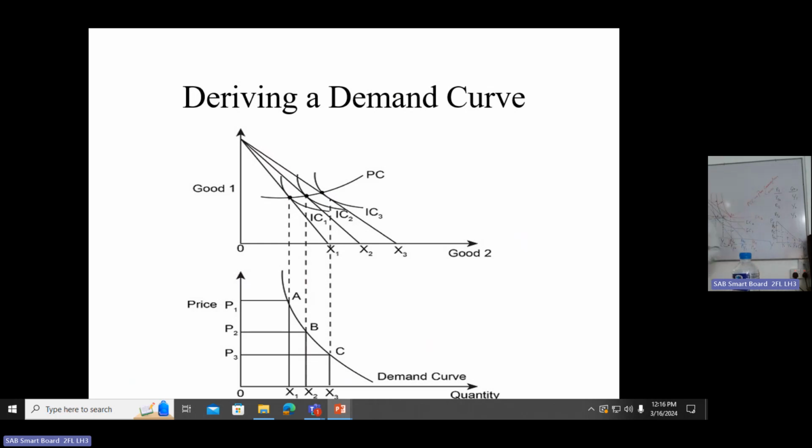Likewise, taking those combinations, we see the downward sloping demand curve with respect to changes in the prices.